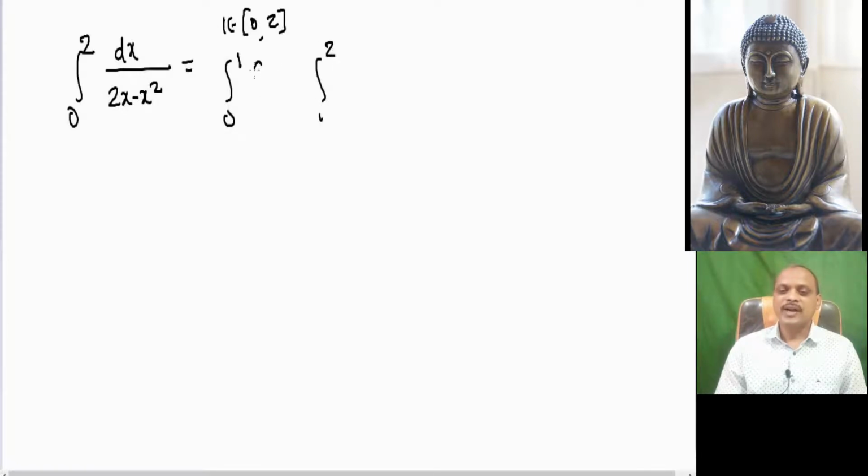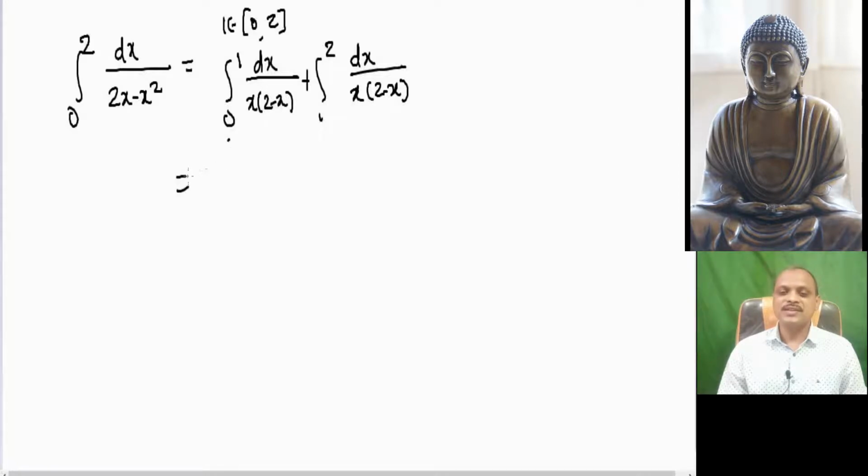dx divided by x into 2 minus x, plus dx divided by x into 2 minus x. Now the first integral has infinite discontinuity at the left end, while the second integral has infinite discontinuity at the right end. Therefore, we apply the definition for each.